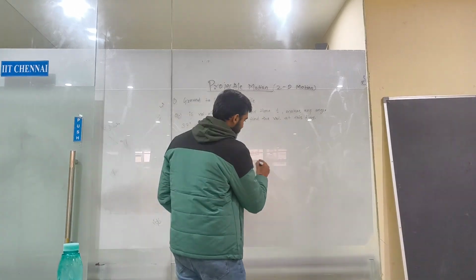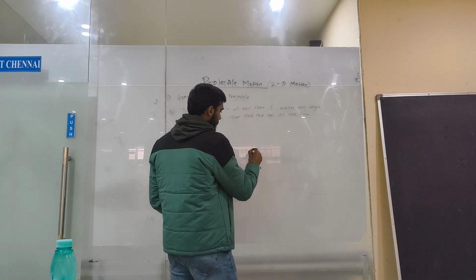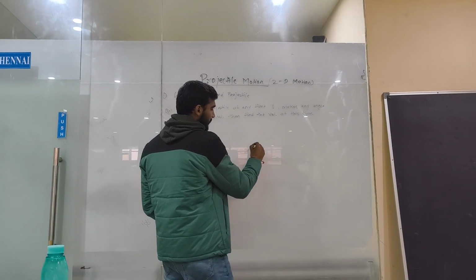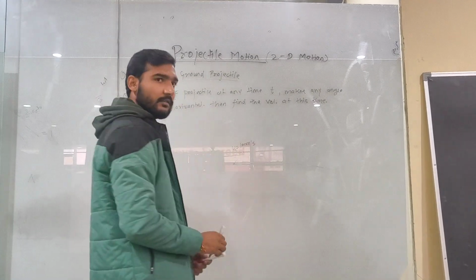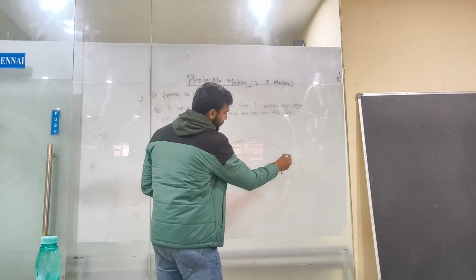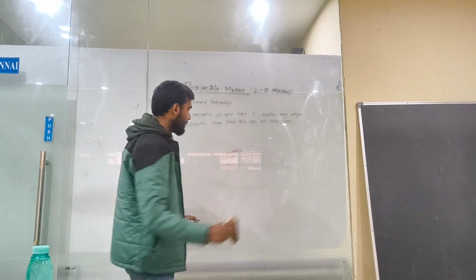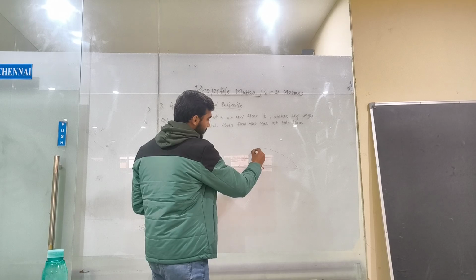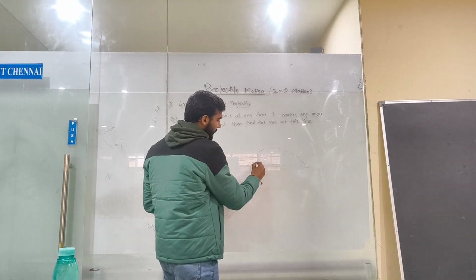Okay. Let's say we have thrown an object at initial speed 100 meters per second. This will go like this, and let's say this angle is 53.